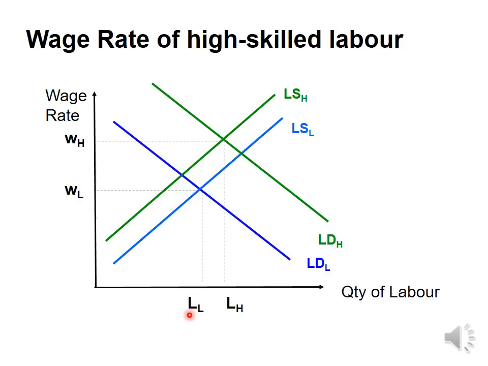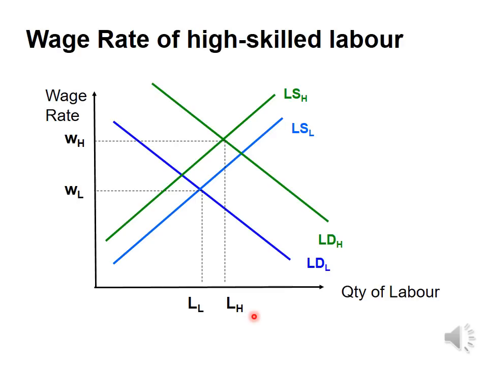But for some students, it makes more sense for the high skilled to be lesser. Then you just draw the supply curve of the low skilled workers more to the right, then the equilibrium point will move to the right. Then you have a higher equilibrium quantity for low skilled workers, but it's really not critical here. So usually we ignore this.